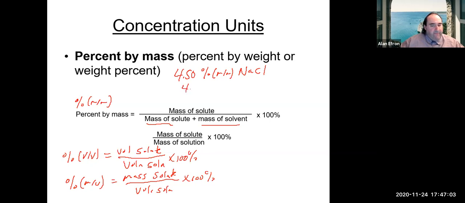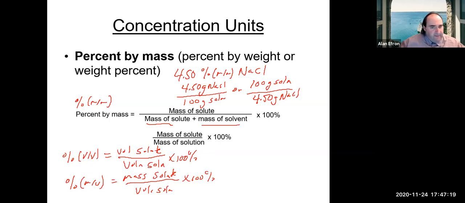You could say you have 4.5 grams of sodium chloride in 100 grams of solution, or again, the opposite, in 100 grams of solution, you have 4.5 grams of sodium chloride. So you could use it as a conversion factor if you needed to. You could do that for each of these other ones as well. This one is essentially milliliters over milliliters. The one on the bottom is essentially grams per milliliter, the units that we see associated with it.